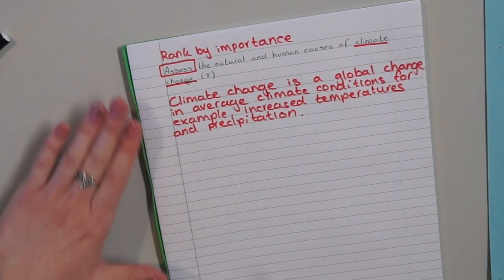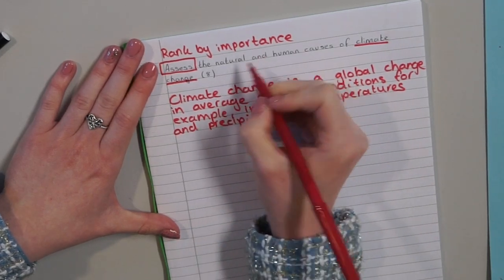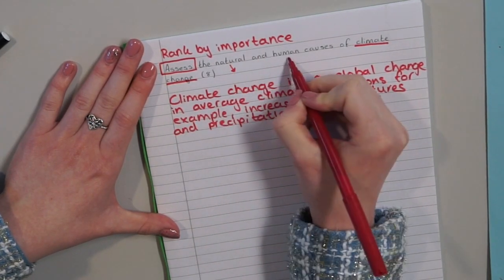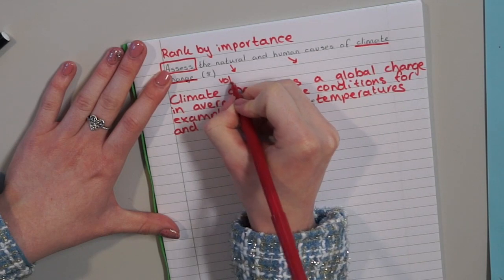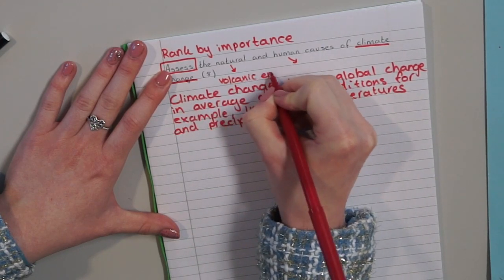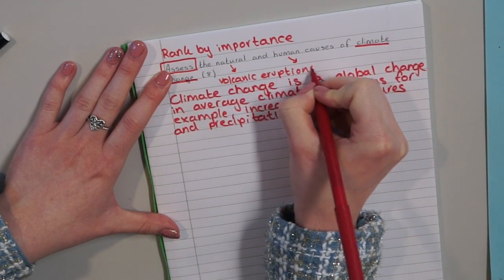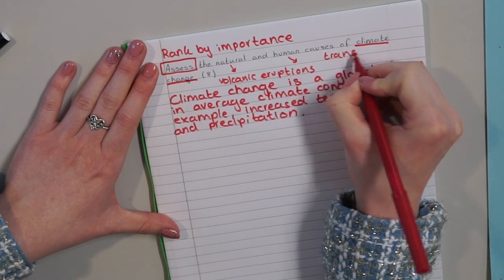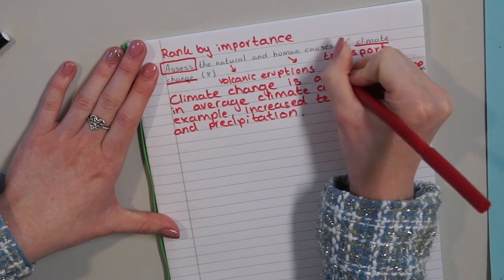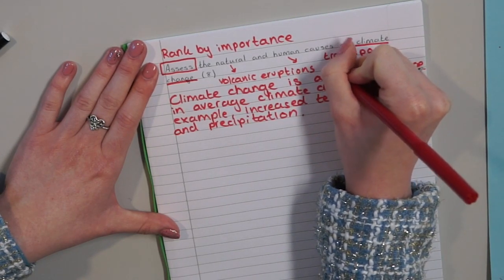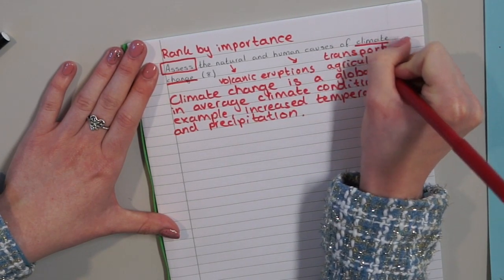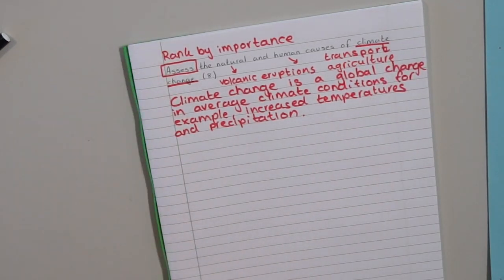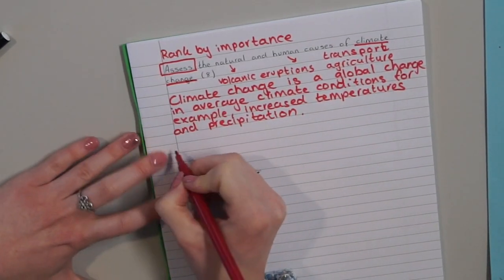I can then annotate with some ideas. So it's asking me for natural and human causes. So for natural, I could have volcanic eruptions. And for human, I could have transport, and I could have agriculture, which is farming.